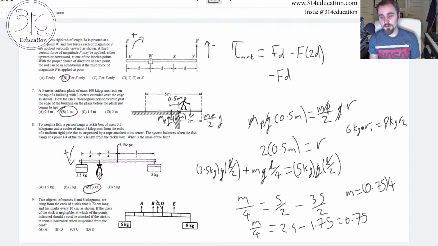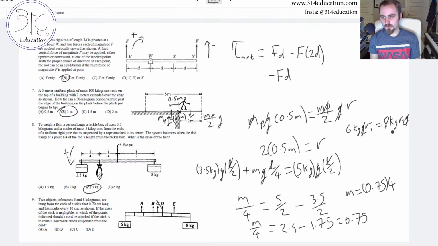Now notice both of these were meant to be forces, so they would both have a g in there, but I implicitly canceled that out. And so I think we just want the ratio of R1 over R2, I suppose. How do we want to do that?